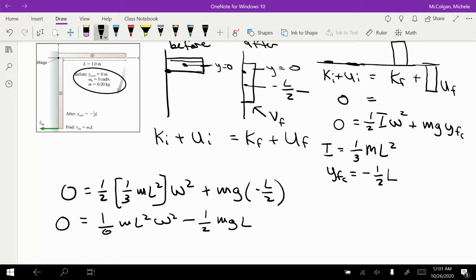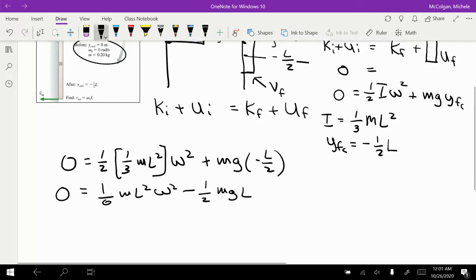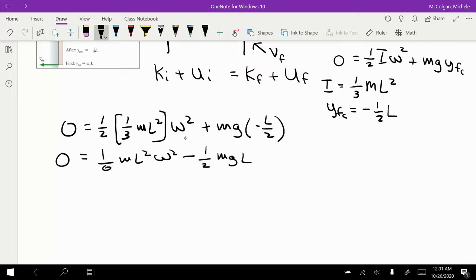I'm going to keep the 1/6 mL squared omega squared over here, and bring this to the other side, so I add 1/2 mgL to both sides.